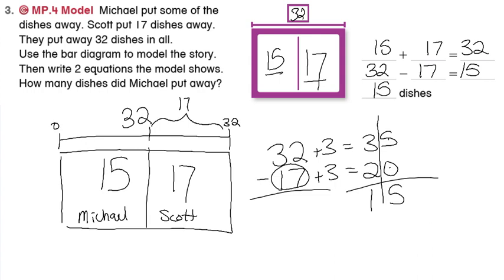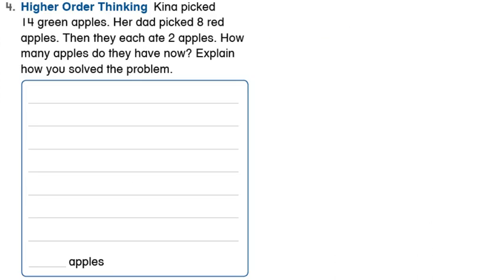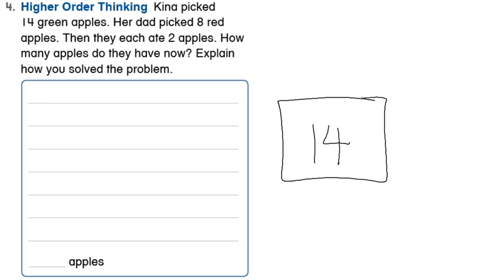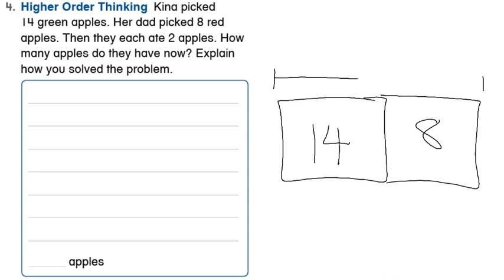All right, number 4. Keena picked 14 green apples. Her dad picked 8 red apples. Then they each ate 2 apples. How many apples do they have now? So Keena picked 14. Her dad picked 8. So if I have my open number line, this is 14, because this distance is 14 from 0.